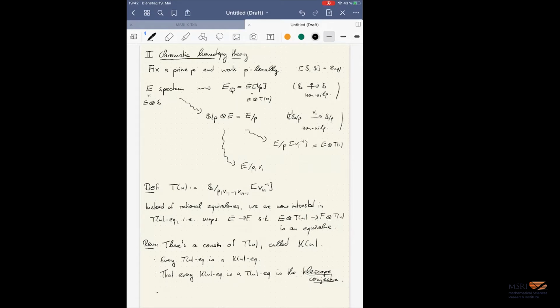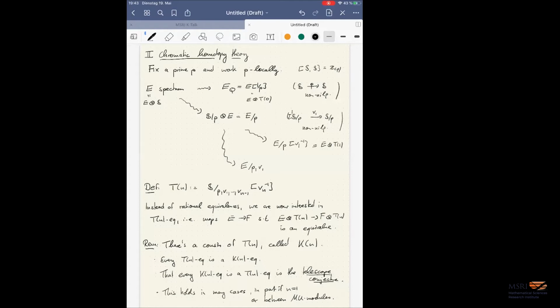And the most important one is, so this holds in many cases, in particular, if n is 1 or between mu modules. So these would be two important cases where Kn equivalence and Tn equivalence are the same.